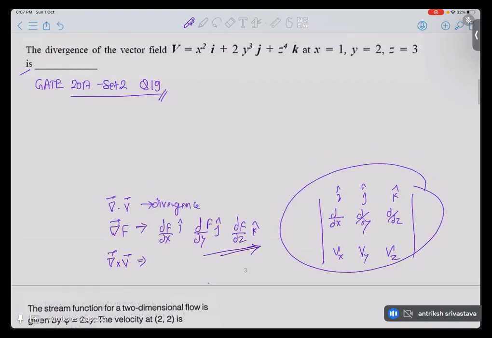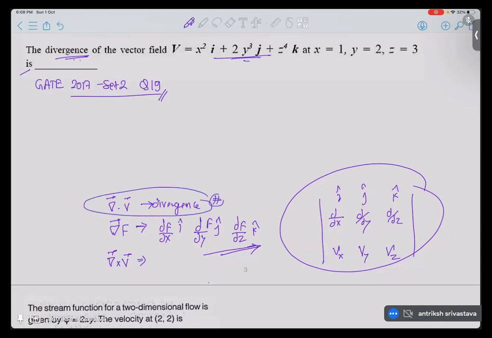So what to do in this question? We have been asked for the divergence of this vector field. What was divergence? Just a dot product and then converting to scalar. So the differentiation of the component in i with x, the component in j with y, the component in k with z.